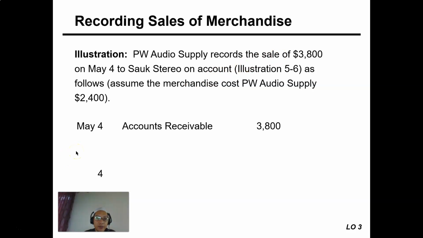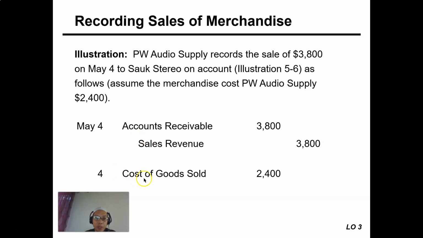First is the sales. We need to debit accounts receivable for 3,800 because the sale is on account, a credit sale. And then we credit our revenue account, which is sales revenue, by 3,800. Then we need to record the cost of goods sold to match our expense against our revenue.